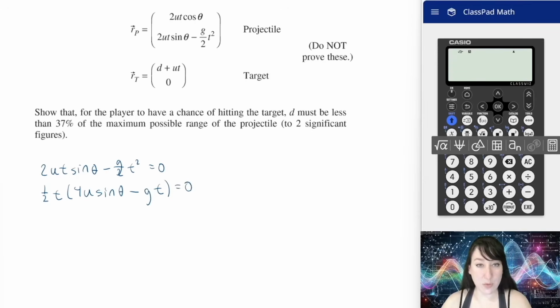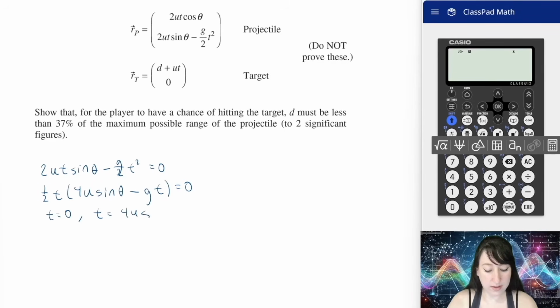Okay, I also took out the 1/2, so I don't need to worry about the fraction. Now, this will equal 0 when t is 0. Of course, that's just the start, when the projectile starts at ground level, or when t is 4u sine theta over g.